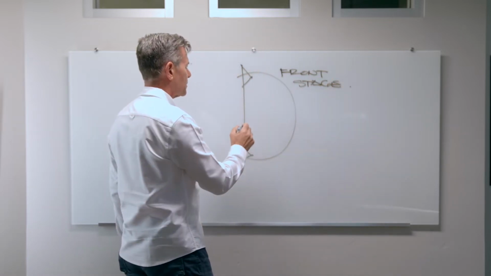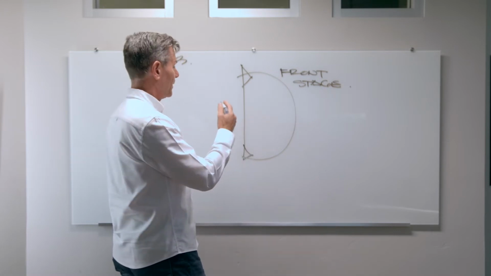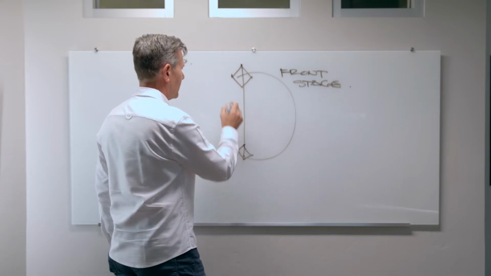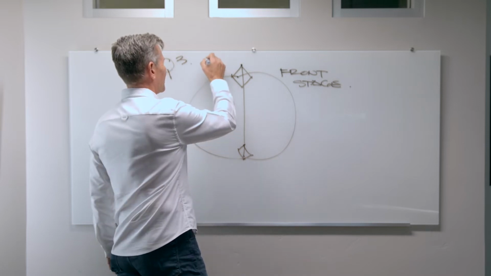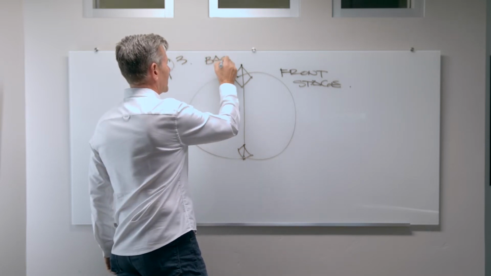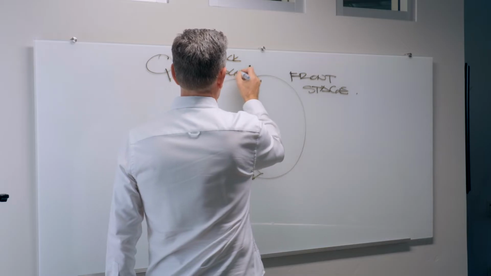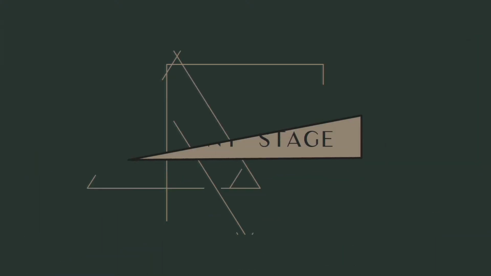So the front stage has its other side that nobody ever sees back here. And this is, you ready for it? This is the backstage. This is what the public sees. The public sees the front stage.